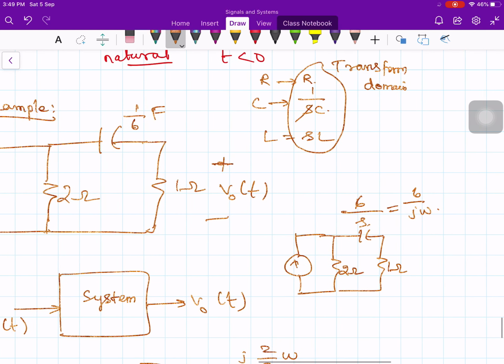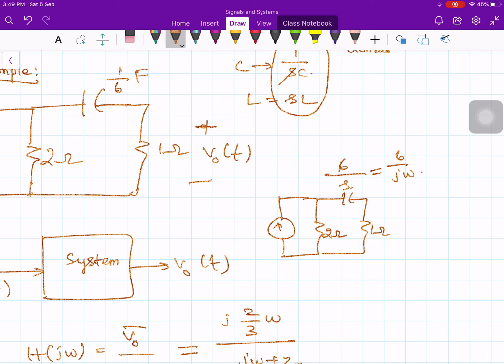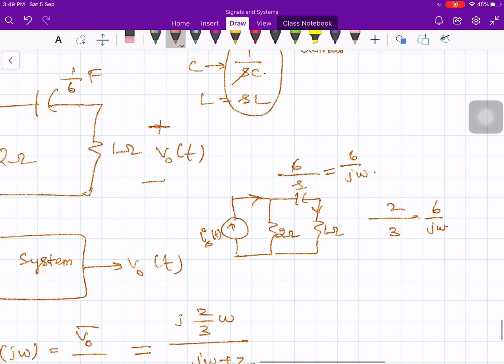Now you want to know how much current flows. The incoming current is IS of t. And you apply the current division rule. Opposite resistance 2 ohm divided by total resistance 2 plus 1 3 times 6 by j omega. So this much amount of current flows through this branch. So this is 4 by j omega, right?